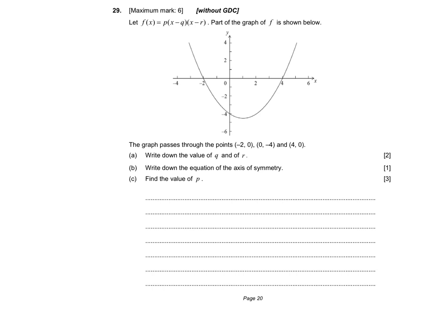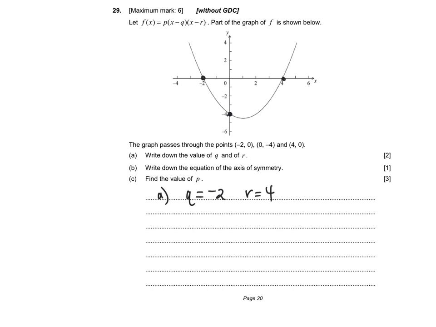Okay, this is in x-intercept form, part of the graph shown. The graph passes through -2, 0, 4, 0, and 0, -4. So find the values of Q. So Q can be -2, and R is going to be the 4, because those are the x-intercepts.